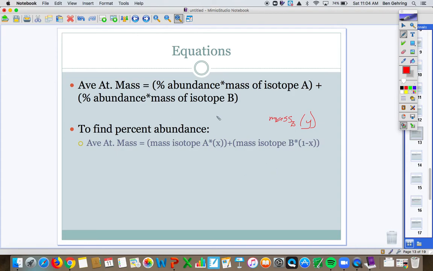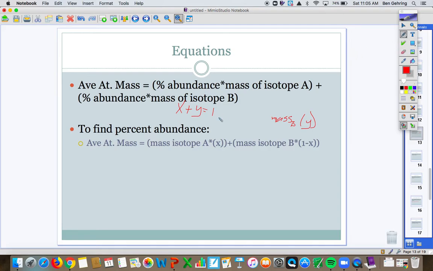So I know that X plus Y, the percent of A plus the percent of B, has to equal 100%. And if we make 100% a decimal, we're going to make it 1.